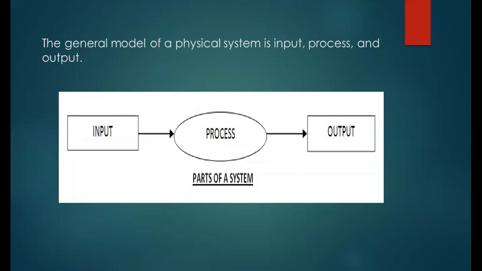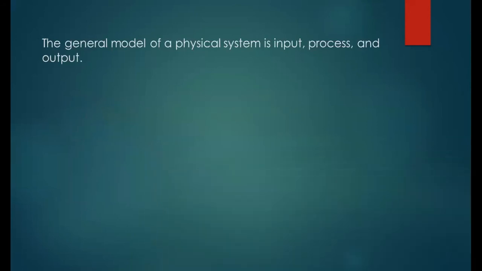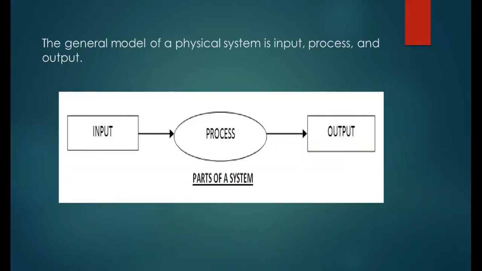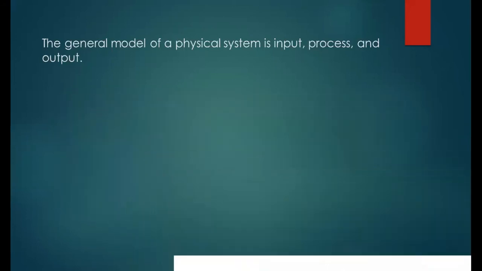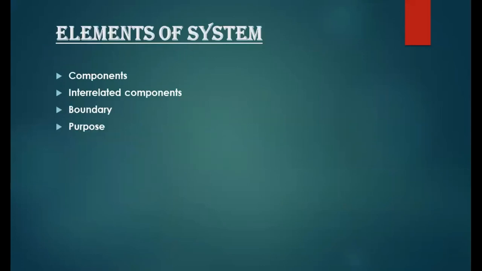The general model of the physical system is input, process, and output. Input is the data, that is the raw facts and figures, which we take into the system, and process is the functions which are performed on that input. They may be arithmetic or logical functions. After processing, the reports or the information generated out of that system is said to be the output of the system.